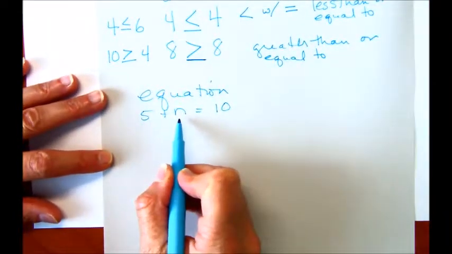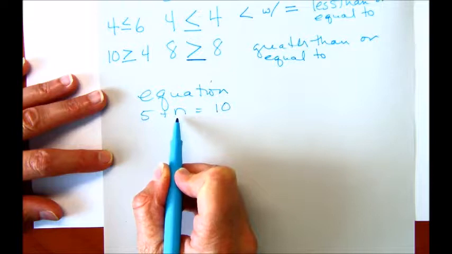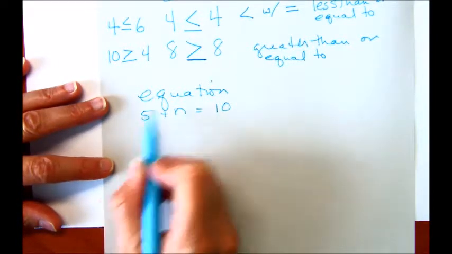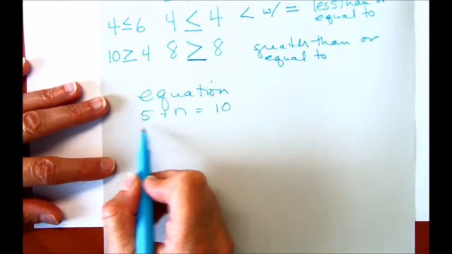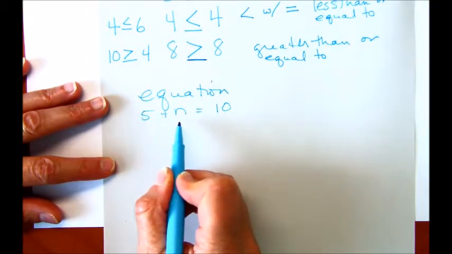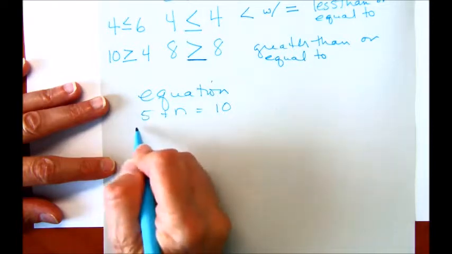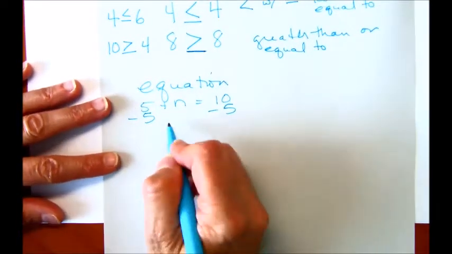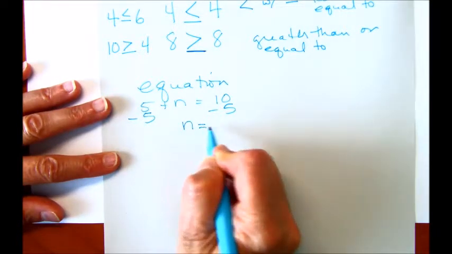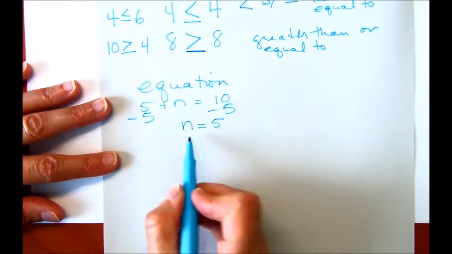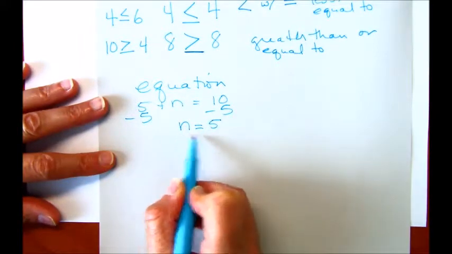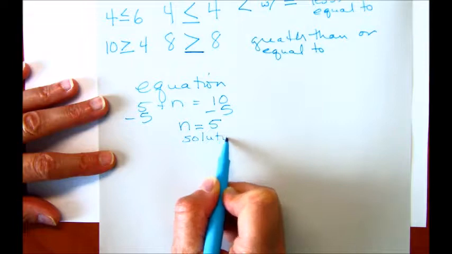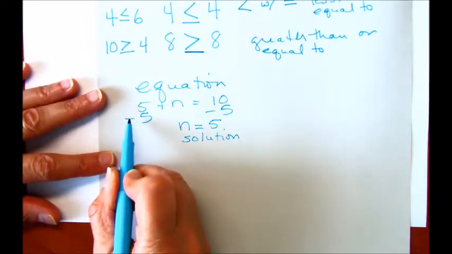Our goal was to isolate the n so that the value of n would be on the other side of the equal sign, and we would work out certain principles to move numbers over. So in this case, we're going to subtract 5 from both sides. We're using the addition property, and we're going to get n equals 5. And so 5 would be the solution to n in this equation.